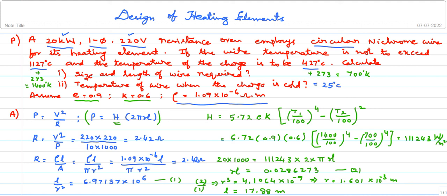Rho value will be 1.09 into 10 to the power of minus 6, into L divided by pi r square. So with this we can identify the L by r square value.